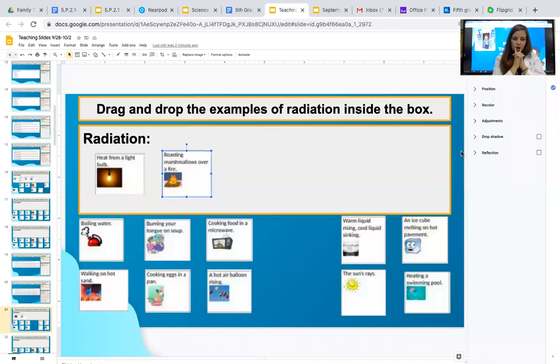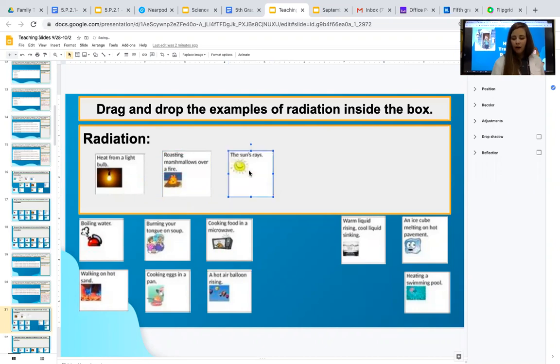But there are two more examples of radiation, maybe three, depending on how you look at it. Do you see anything talking about rays or waves? The sun? Oh, yeah, the sun's rays tell us that that is radiation.